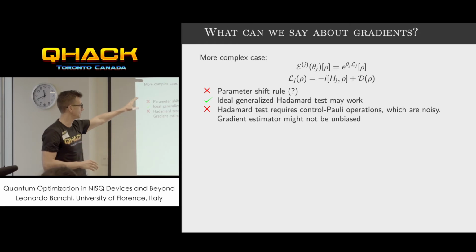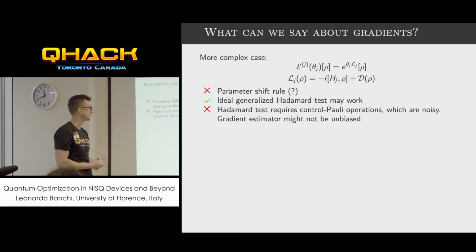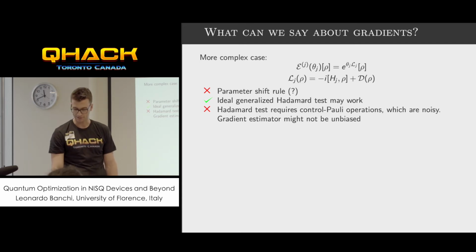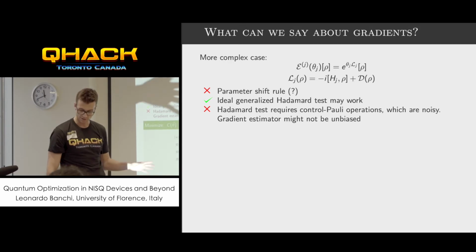But even with this simplified noise model, it's not clear, at least to me, how we can write a parameter shift rule or other things like the Hadamard test. They might provide a biased estimator of the gradient. Here is just a circuit of the Hadamard test.